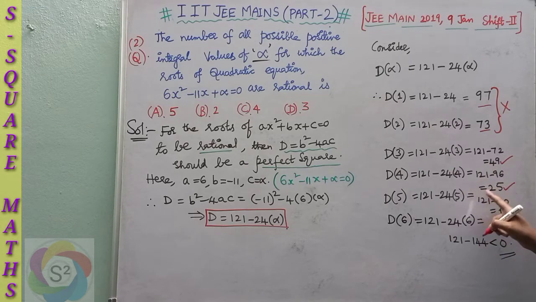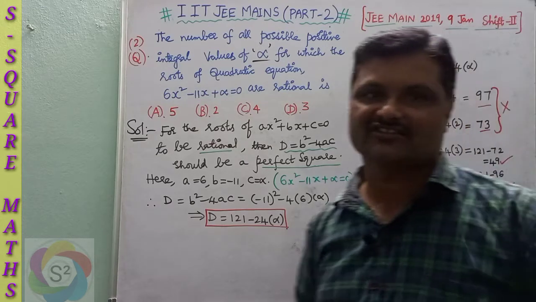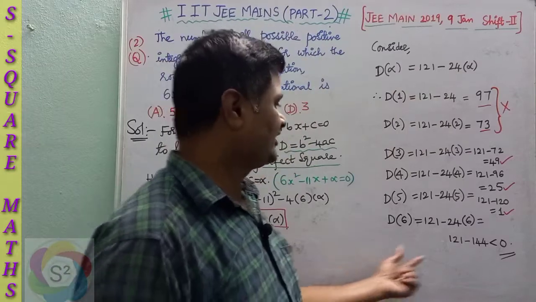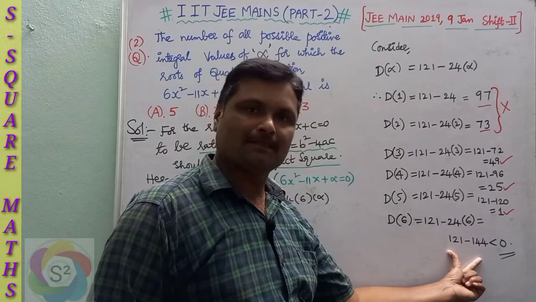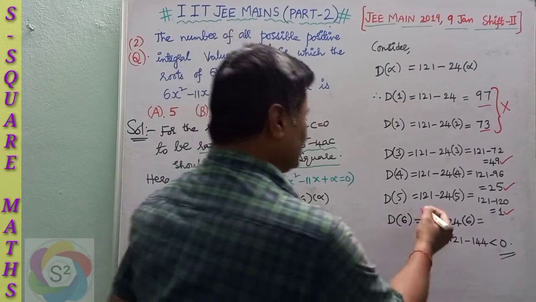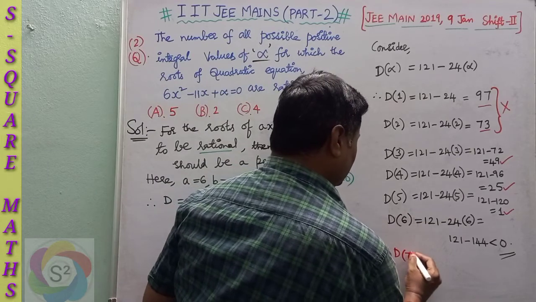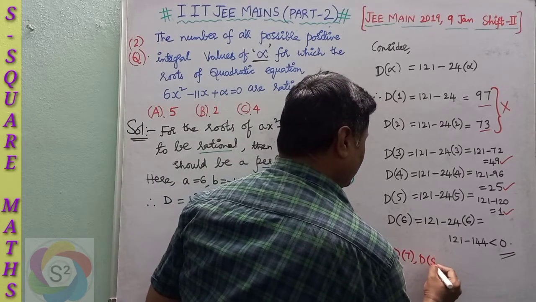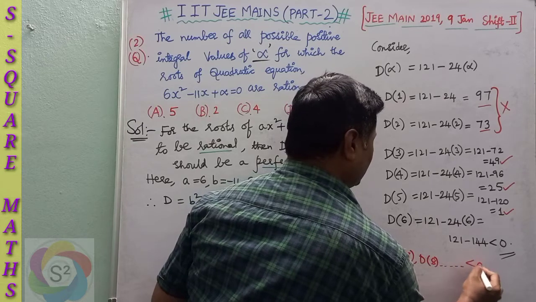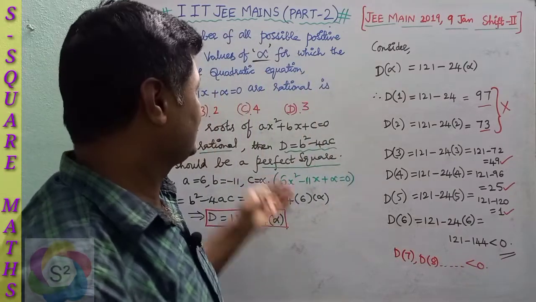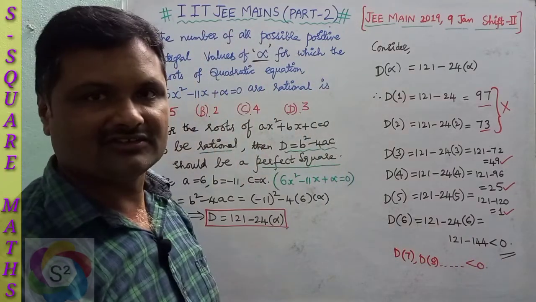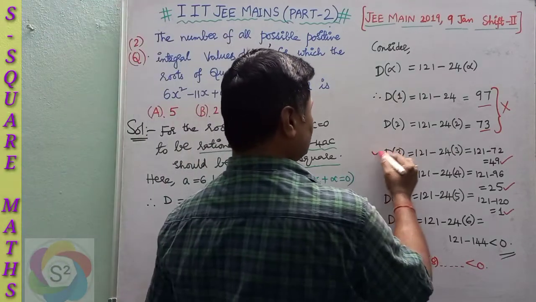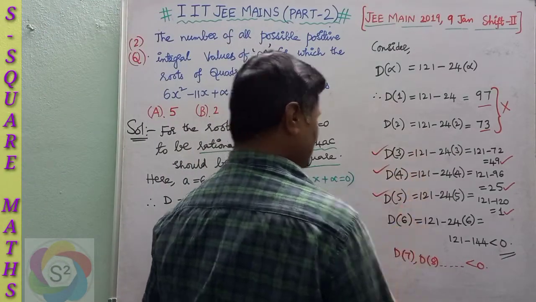This is 7 square, this is 5 square, and that is 1 square. Later on you are going to get negative values. So D of 6, D of 7, D of 8, etcetera, give negative values. Since they asked for possible positive integral values, how many values? 3 values.